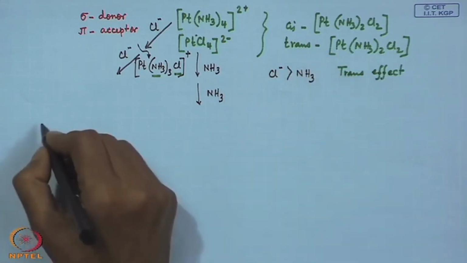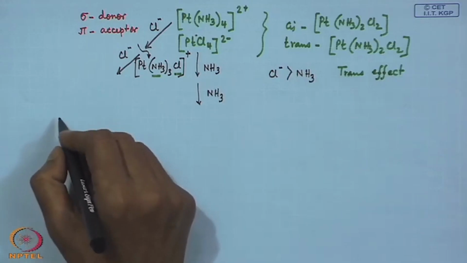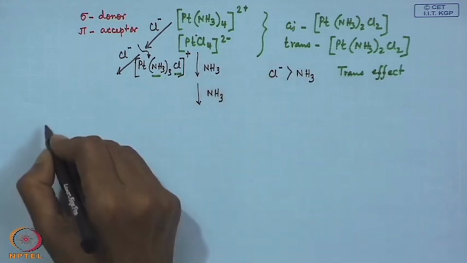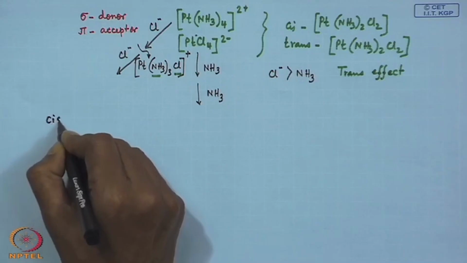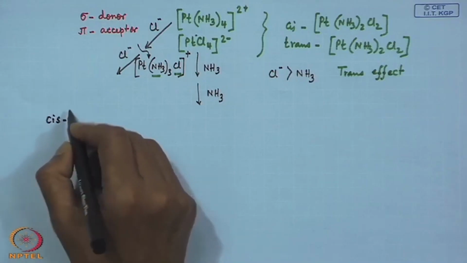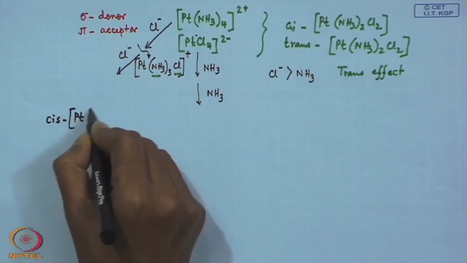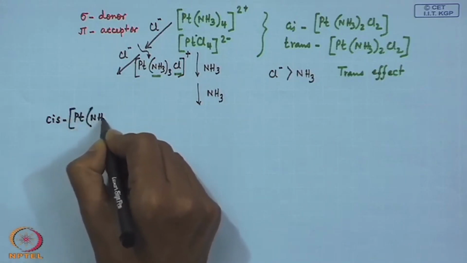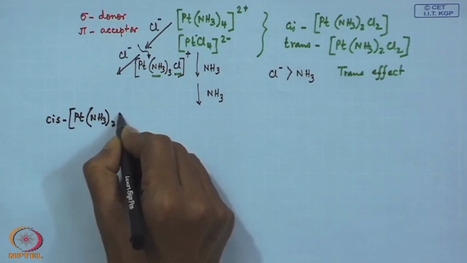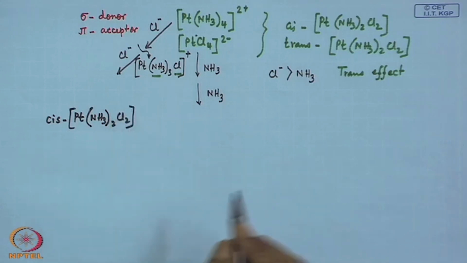Similarly, if we have the anti-tumor or anti-cancer drug cisplatin, we have the cis one, which is Pt(NH3)2Cl2.